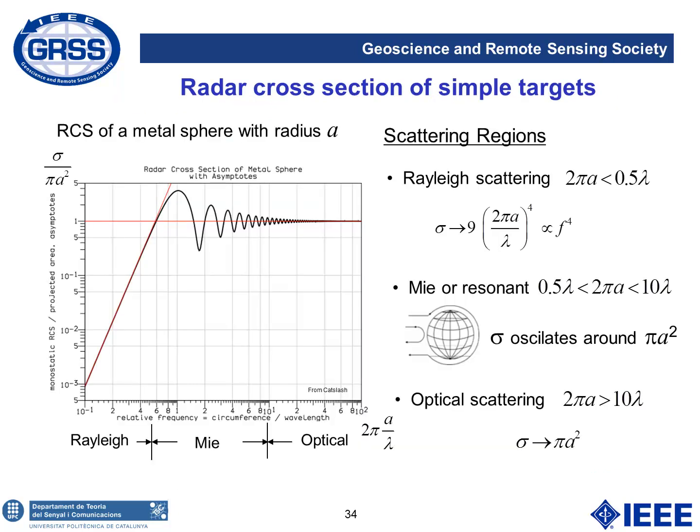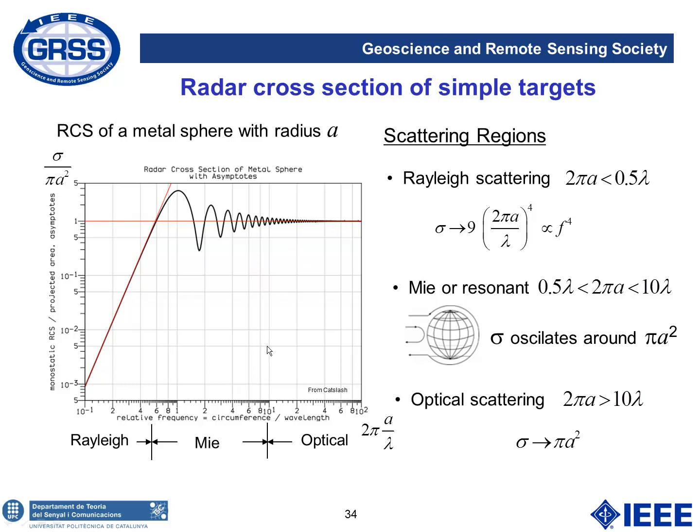Another parameter which is important when talking about the interaction between electromagnetic waves and matter is the size of the individual objects or particles. In order to understand the size dependency of electromagnetic scattering, we have plotted here a very classical result of the radar scattering, or radar cross-section, of a metallic sphere of radius a.